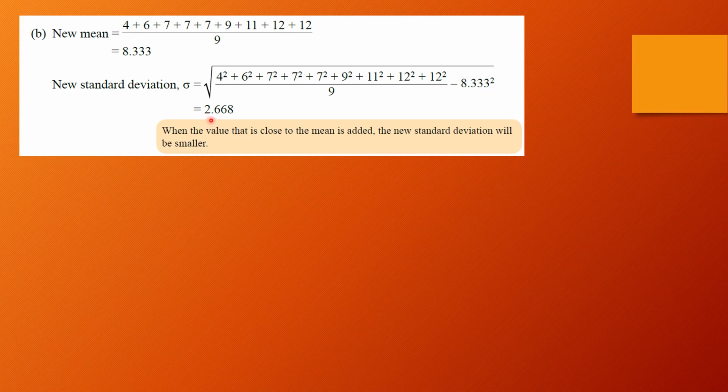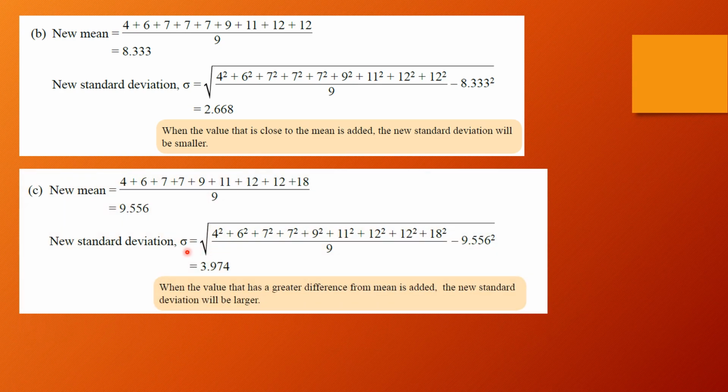So your standard deviation is 2.668. So when a value that is close to the mean is added, your mean is 8.333 and you add 7, which is a bit close to 8, the new standard deviation also becomes smaller.